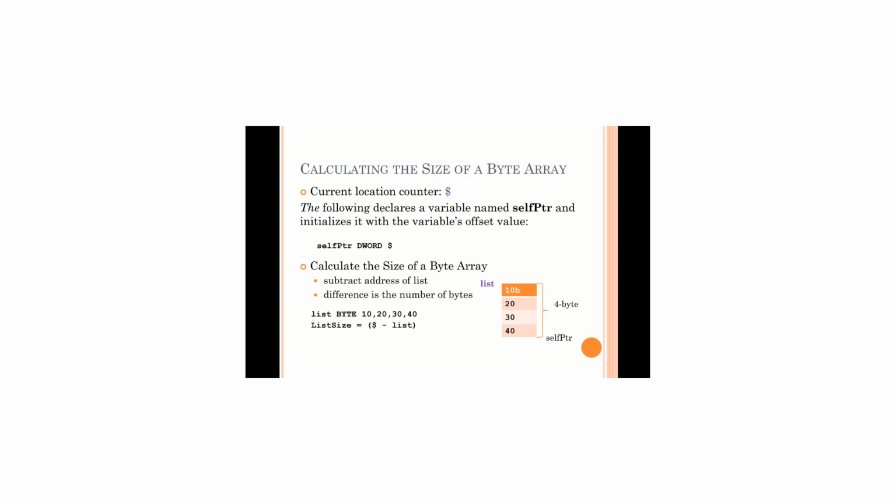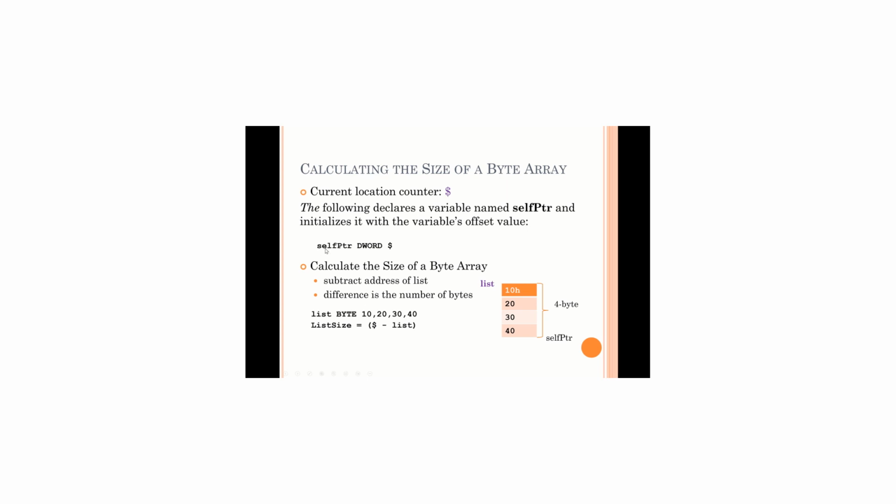Okay, so how do we calculate the size of a byte array? We use the current location counter, which is represented by a $ sign. The following declares a variable named self pointer and initializes it with the variable's offset value.